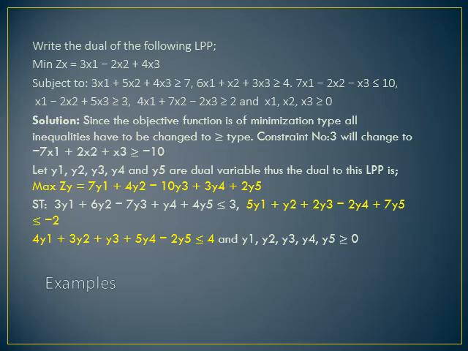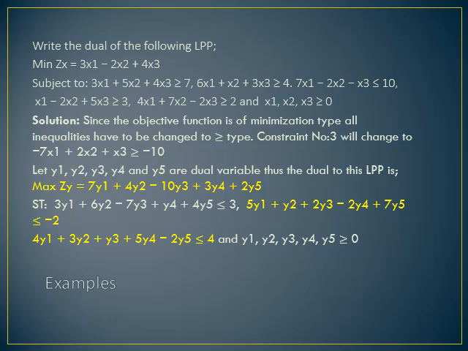What is the 3? 3 is the coefficient of x1 in the primal linear programming, and so on. Then 5y1 + y2 + 2y3 - 2y4 + 7y5 ≤ -2, and 4y1 + 3y2 + y3 + 5y4 - 2y5 ≤ 4.